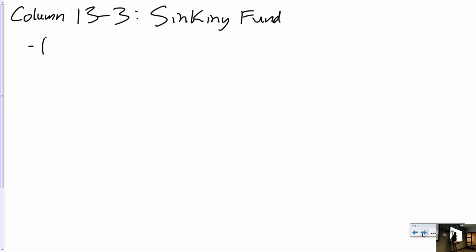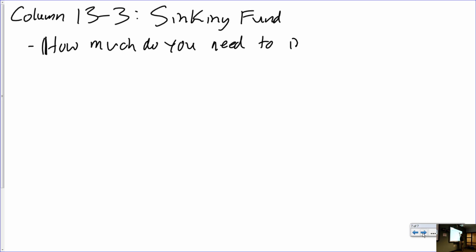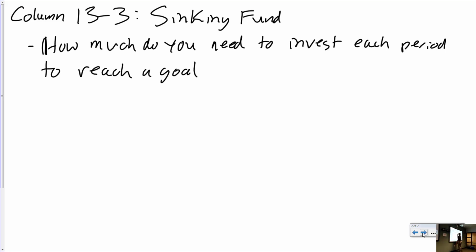So this column answers the question, how much do you need to invest each period to reach a goal in the future? This is just more specific.